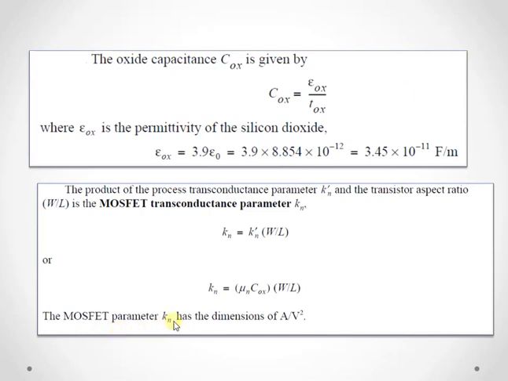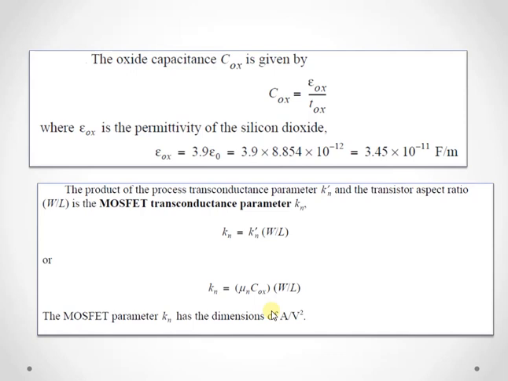And this parameter Kn dash is determined by the process technology used to fabricate the MOSFET. The MOSFET parameter Kn has the dimensions of ampere per volt square.